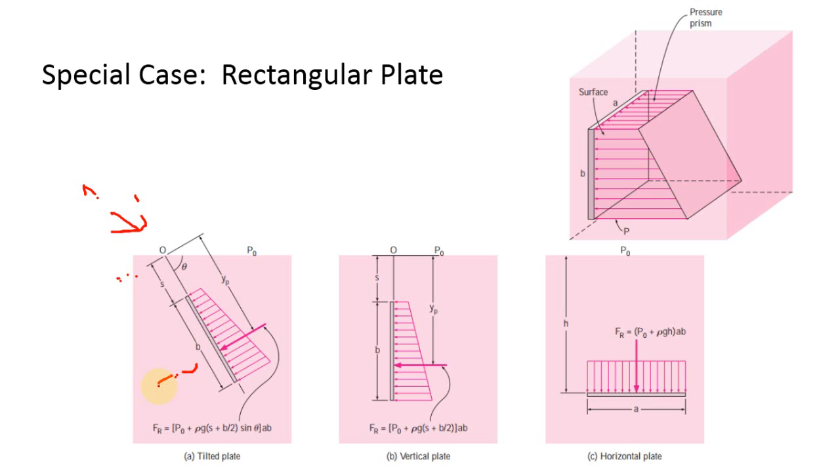The second case that it's showing is if the plate is vertical. If the plate is vertical, the analysis will be simpler, and you'll have theta being equal to 90 degrees, so the sine theta term will be equal to 1. And another case is where you have a horizontal plate, and if you have a horizontal plate, we know that pressure does not vary horizontally, so we expect the resultant force to be at the center.